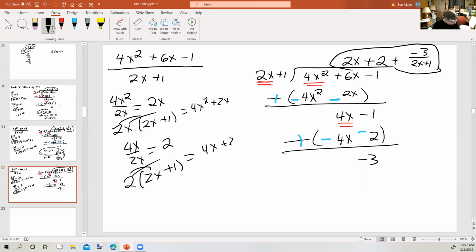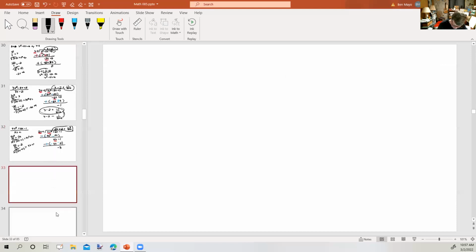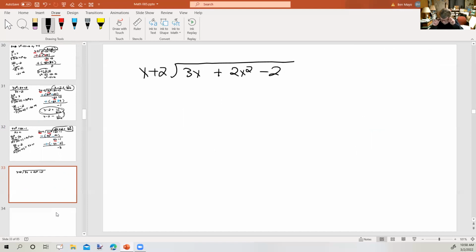Yes. All right. Now, let's take a look at this one. X plus 2 divided into 3x plus 2x squared minus 2. What's wrong here? It's not in descending form. Correct.